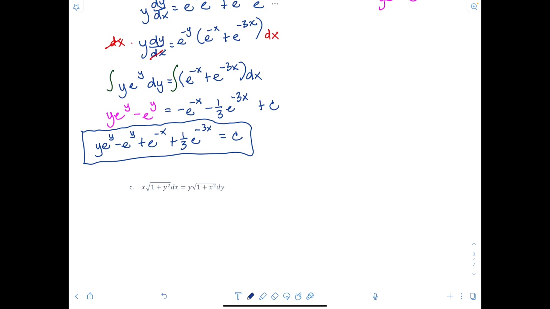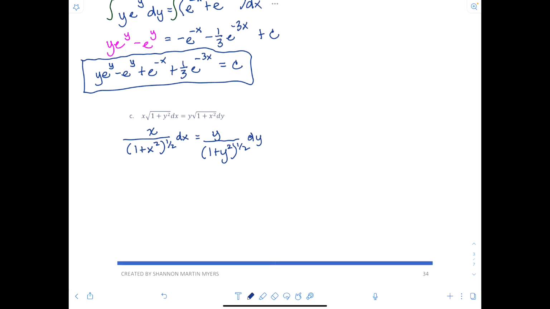So, I'm going to rewrite this as x over, I'll rewrite this as a rational exponent, (1 plus x squared) to the 1/2 times dx. That's equal to y over (1 plus y squared) to the 1/2 dy.